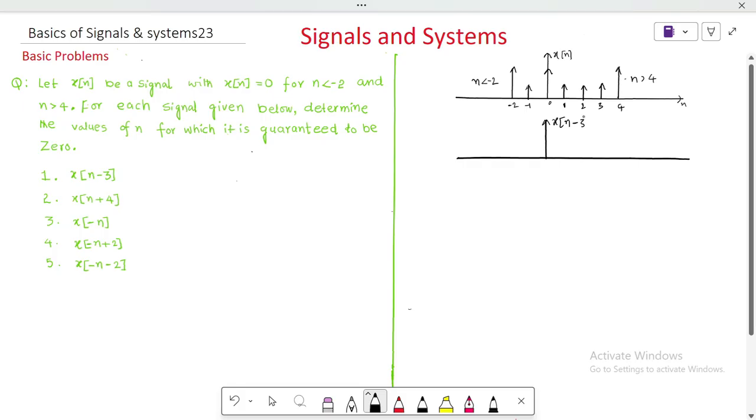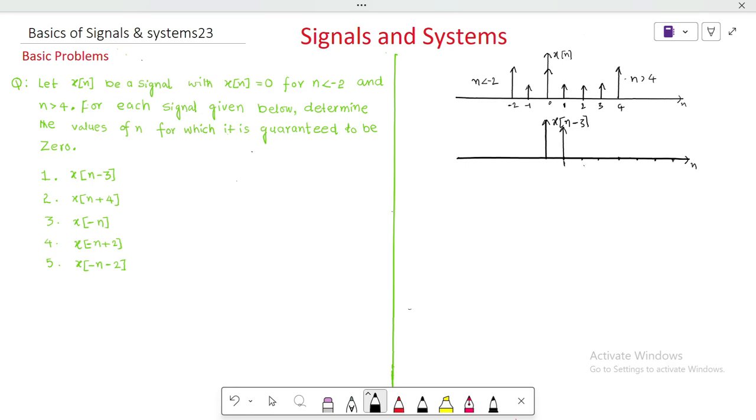Shifting x of n to the right by 3 units, the value at minus 2 will appear at 1. So it starts from here.